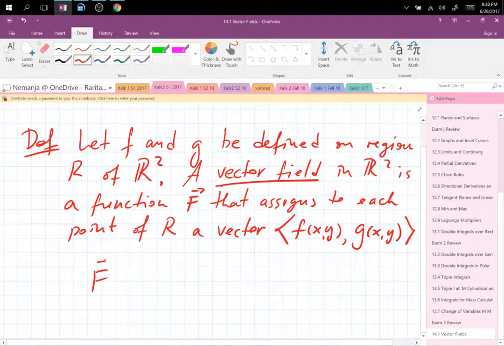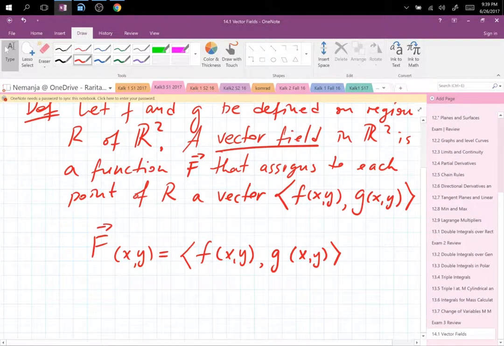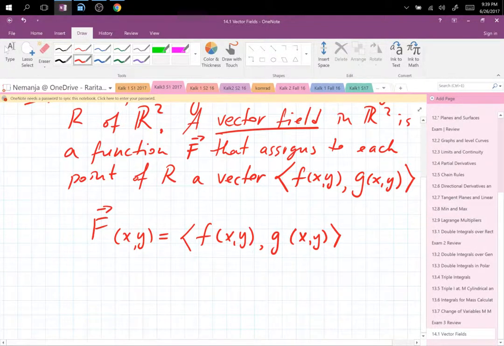So we write it as F of x,y equals, or you can also use the i, j notation if you like that better. Doesn't matter. Whatever makes you smile and happy, because that's what math is all about, especially Calc 3.